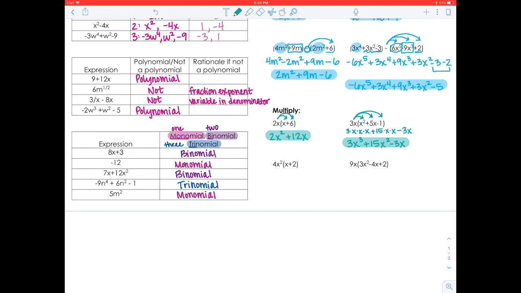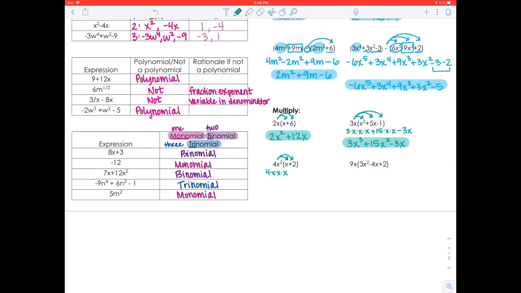Okay, and then the last two are kind of similar again. 4x squared times x. So that's going to be 4 times x for the 4x squared times that other x that we just distributed to.